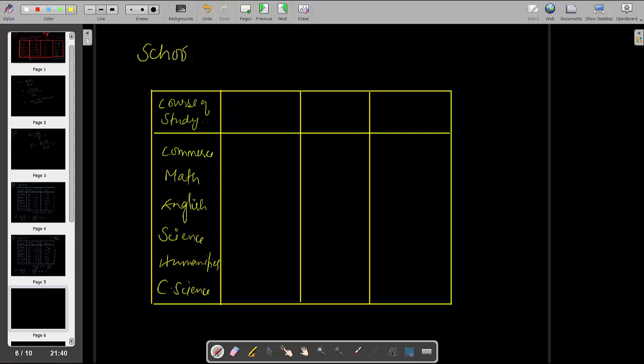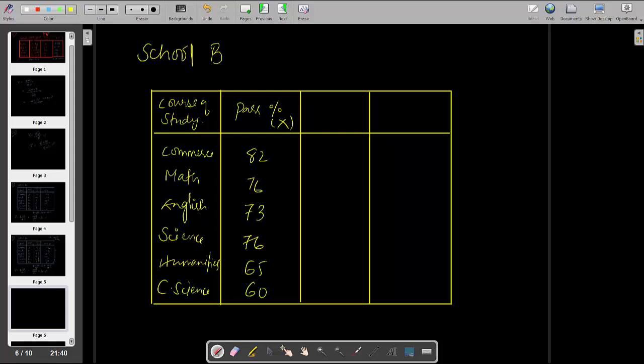Now write down the pass percentage, which is X value: 82. Remember, we're doing school B, okay? 76, 73, 76, 65, and 60.